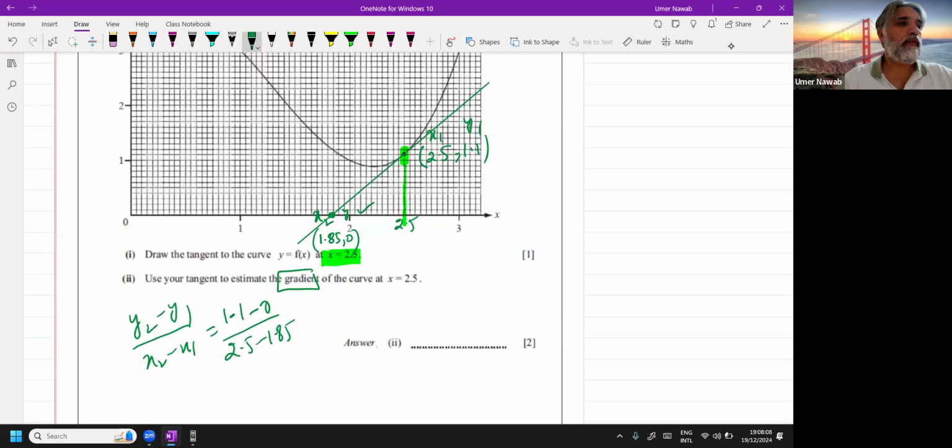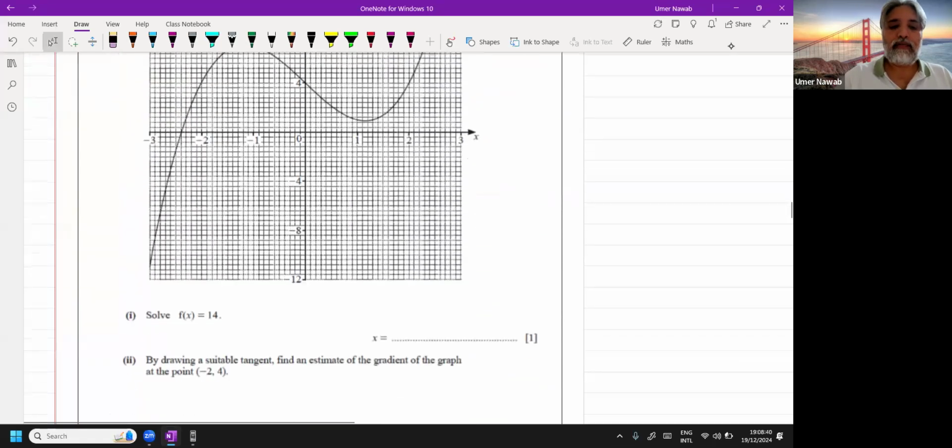So that will give you the answer, approximately 2.6. Now it's within some marginal error. It is not a fixed answer. Examiner will give you a range in the marking scheme, so don't worry about it. But try to learn the correct way, the way I did it.